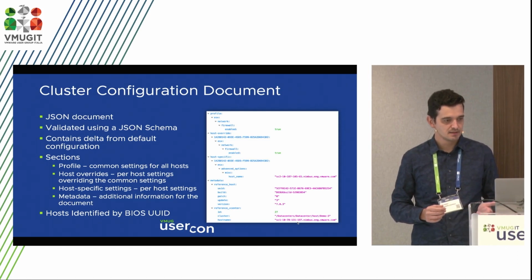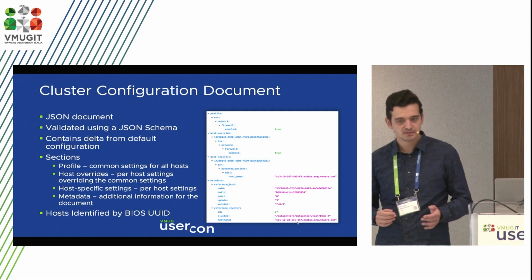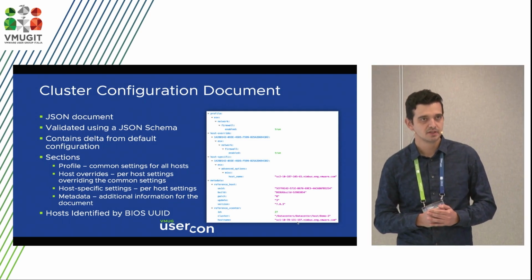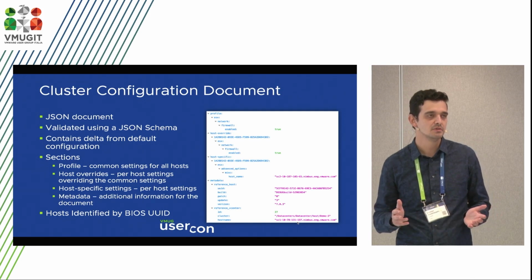Another thing is that with host profiles, there was a concept called answer files. So you know that some settings in a cluster basically need to be different on each of the hosts. For example, if you're using DHCP in a manual mode, you need to assign an IP for each of the hosts. So this configuration is unique for each of the hosts.